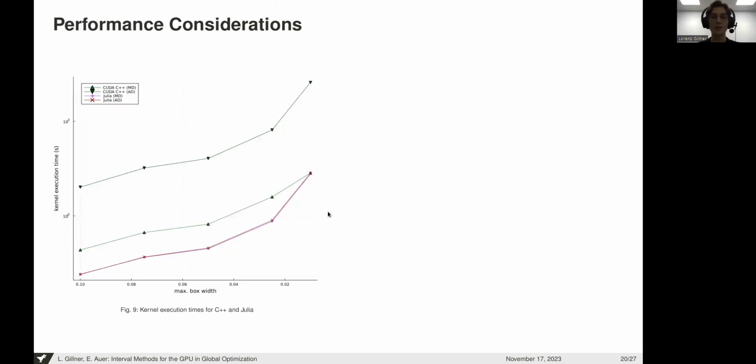So, but there are some performance considerations to be made. So the green lines are the kernel execution times per box, maximum box width for CUDA implementations with and without automatic differentiation. And the purple lines are the Julia implementations. And we can see that Julia is in fact faster by a lot compared to its native language for CUDA, C and C++.